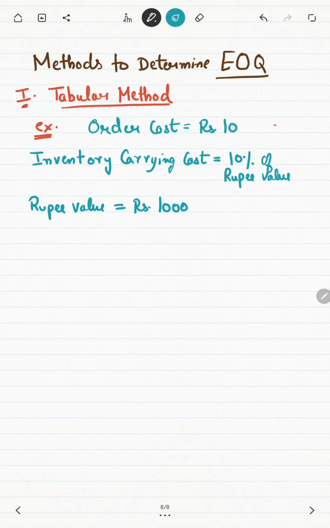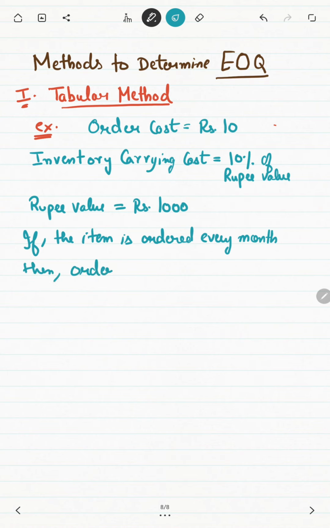Now suppose the item is ordered once in a month. If the item is ordered every month, then order cost will be 12 into rupees 10.